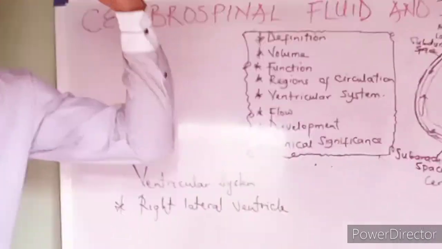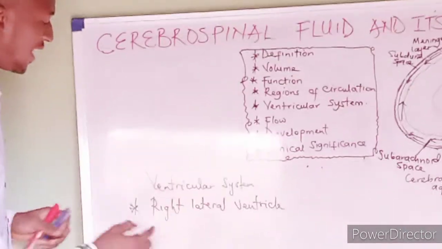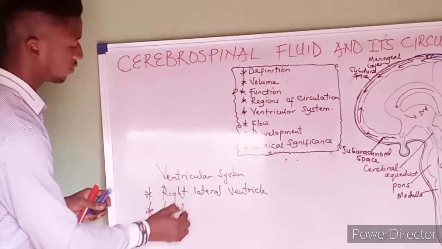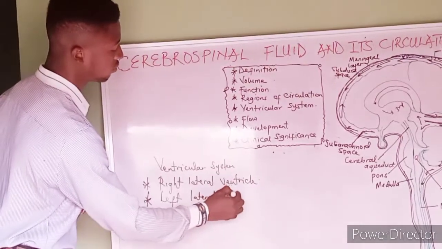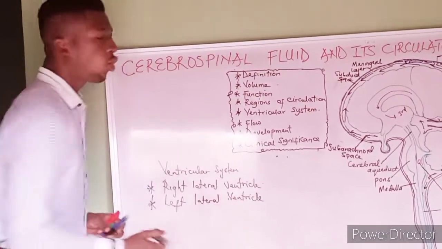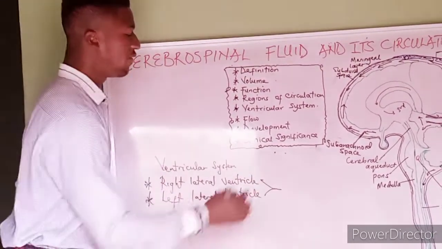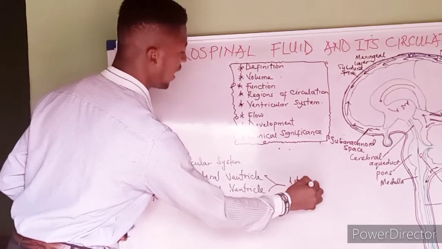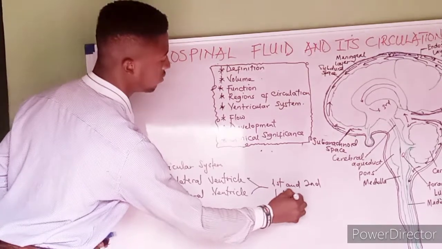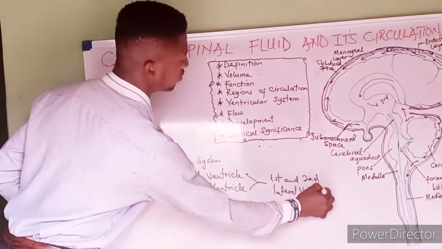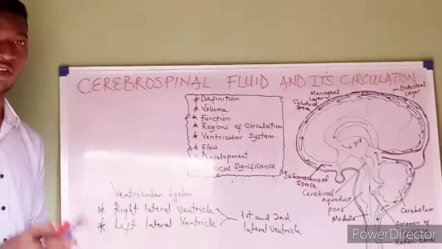And on the left of the cerebral hemisphere, we also have what we refer to as the left lateral ventricle. Collectively, we call these two the first and second lateral ventricle.